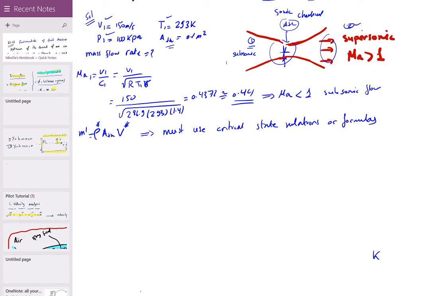Now, my goal is to find the mass flow rate. I'm given the area, so I must find the density and I must find the velocity.